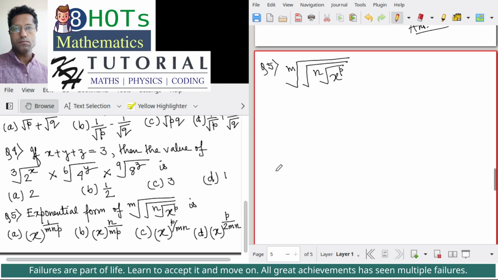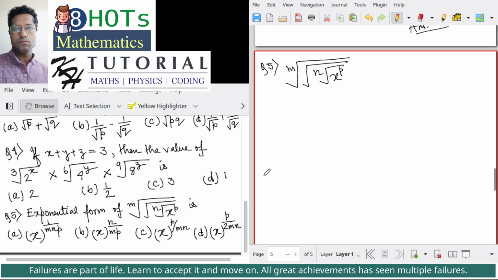So let's try to simplify this radical form from inside to outside.